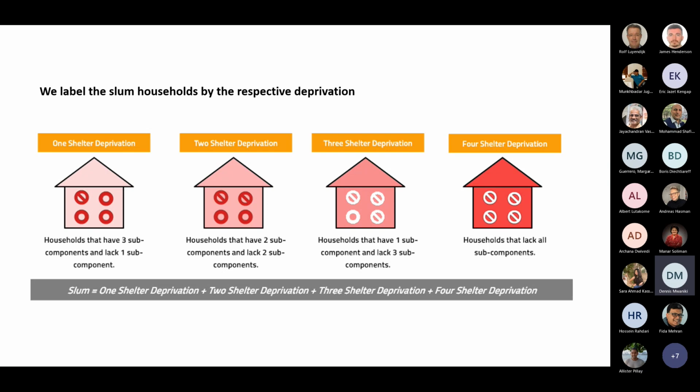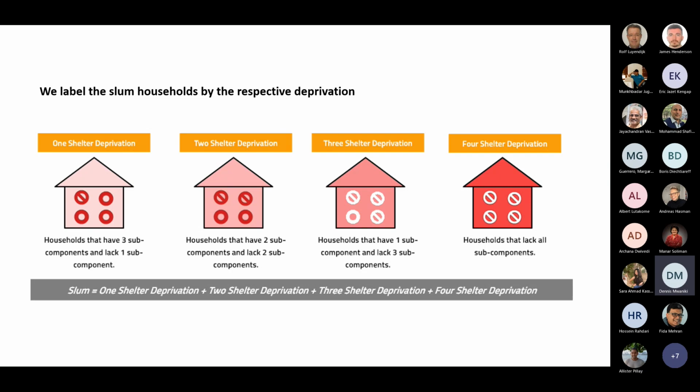Here we're using 3 in this analysis because data for some of the indicators, especially security of tenure, in most cases is not always very available across countries. But where all these 5 elements are available, then we also include the 5 shelter deprivations.